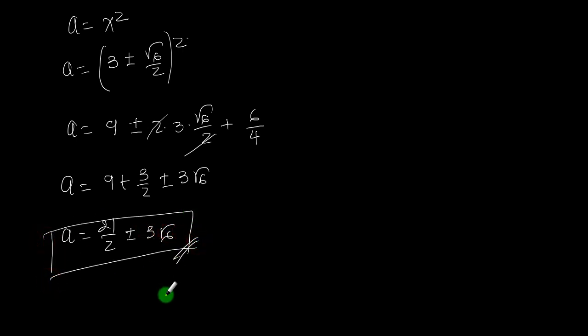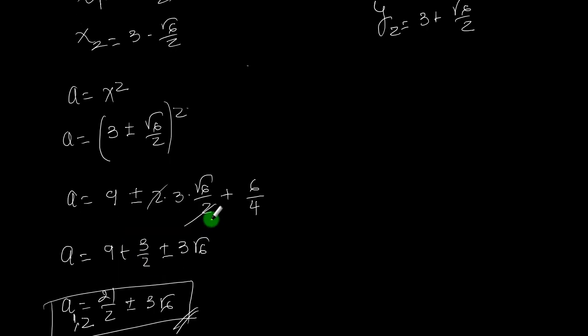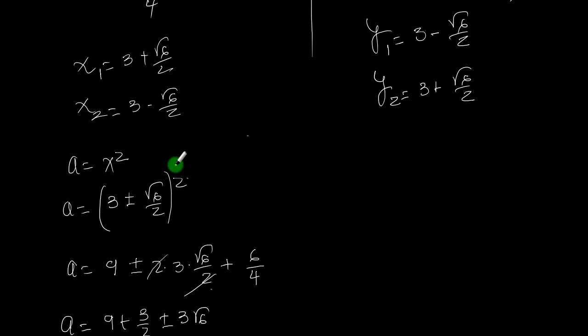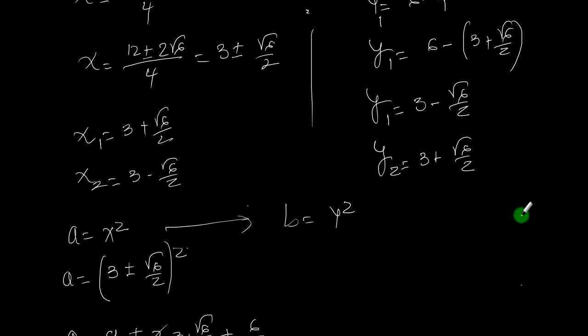Well, if you see in the previous video, we found exactly the same roots for a as we found here, so our solution is correct. So we're going to find now the value of b. We say that b is equal to y squared, and y, if you see here, is 3 minus or plus square root of 6 divided by 2.